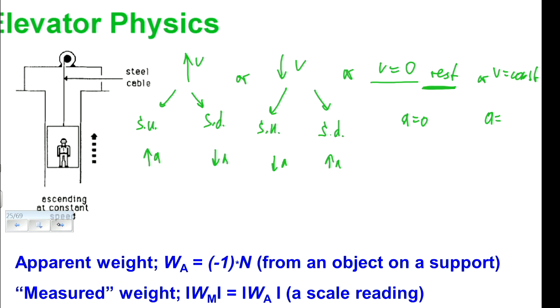Velocity is constant, acceleration is 0. That's it. That exhausts all possible situations. And for all those situations, there's only one law we need to write: Newton's second law. So for this guy in the elevator, we have normal force and force of gravity.